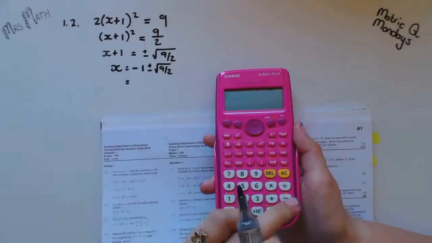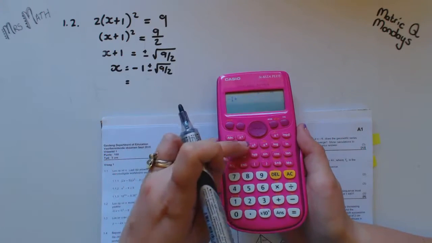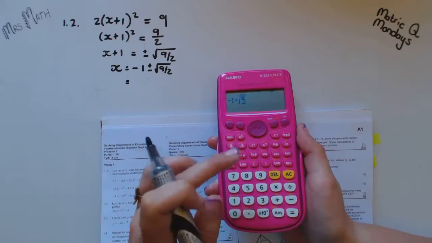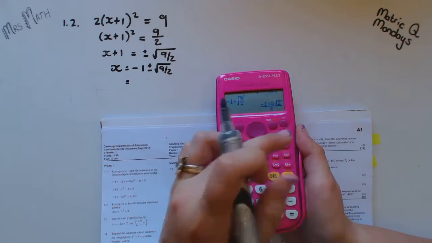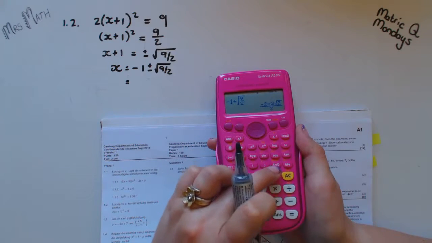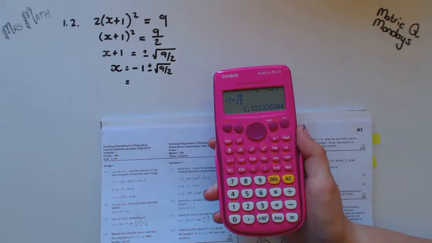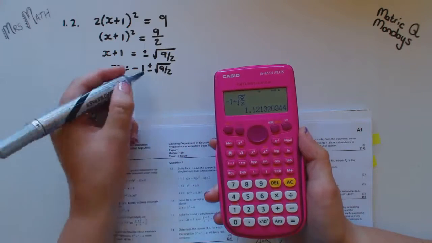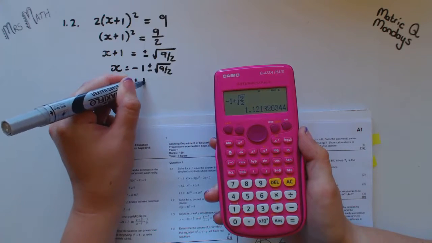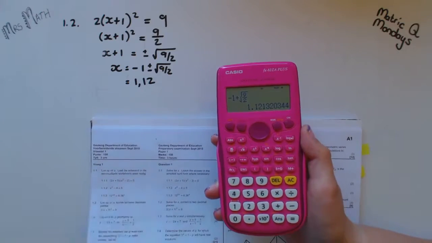And then x is equal to minus 1. I'm first going to work out the plus the square root of 9 over 2. And obviously it will give me that, but please don't write that. You press this SD button so that it becomes a decimal number, which is 1.12132. So I'm going to round off to 2 decimal places as it's stated in the question.